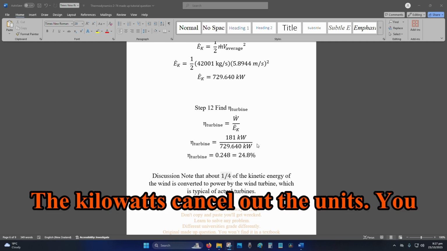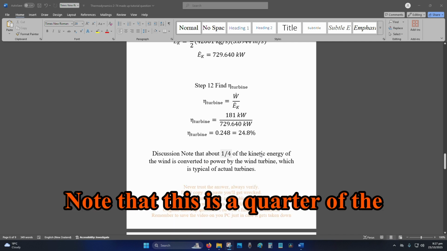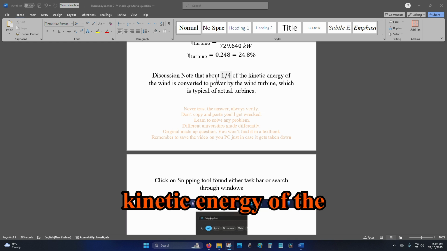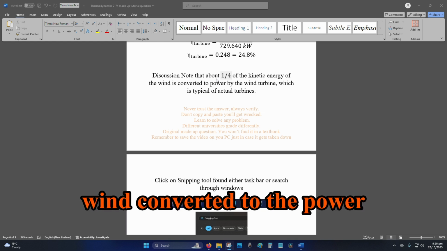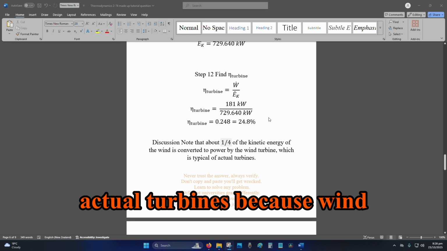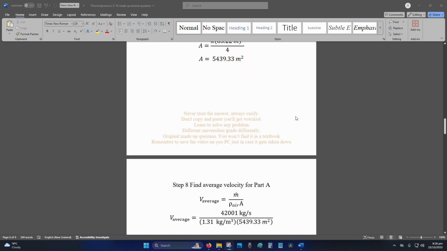The kilowatts cancel out the units. You are left with 0.248 or 24.8%. Note that this is a quarter of the kinetic energy of the wind converted to power by the wind turbine, which is typical for actual turbines because wind power is not that efficient.